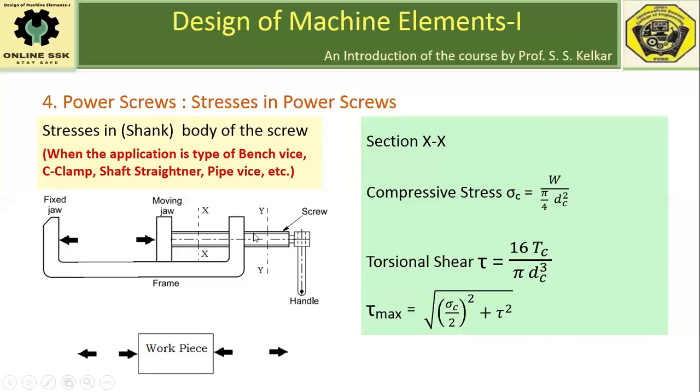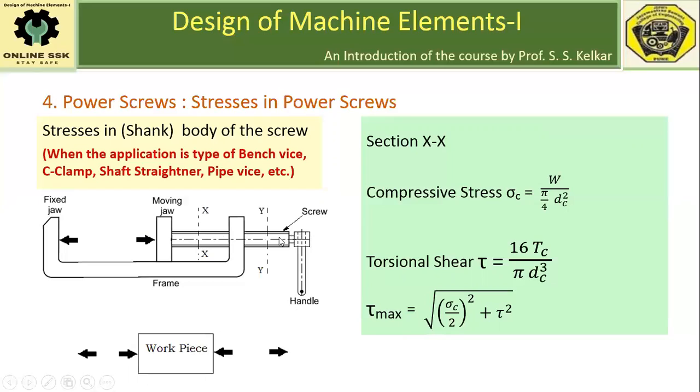Now here one can note that the nut is here and collar will be at the jaw. So here nut is in between the point of application of the torque and the collar.